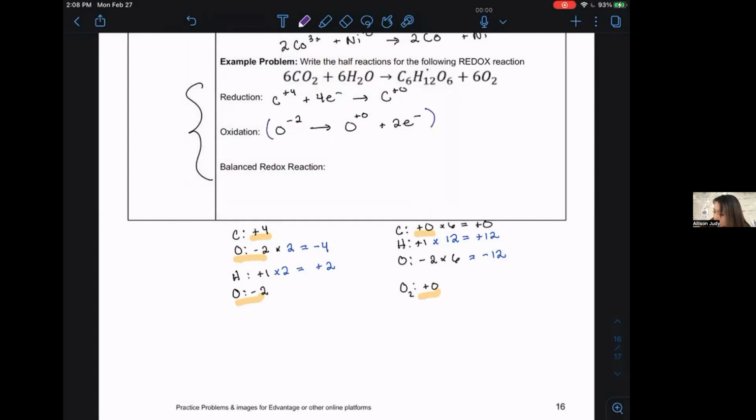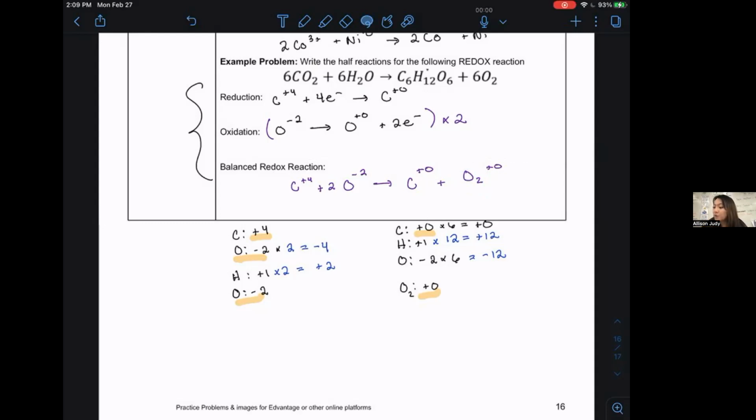So we're going to multiply everything by 2, and we get that our sum reaction is C +4 on the reactant side, O -2, 2 of them on the reactant side, and it goes to form C 0 and 2 oxygens with a 0, which, if you want to write it super correctly, would be O2 because it's a pure element, therefore also conserving the number of atoms. So that is how we would do it.